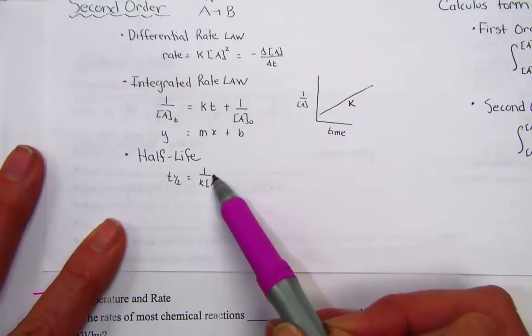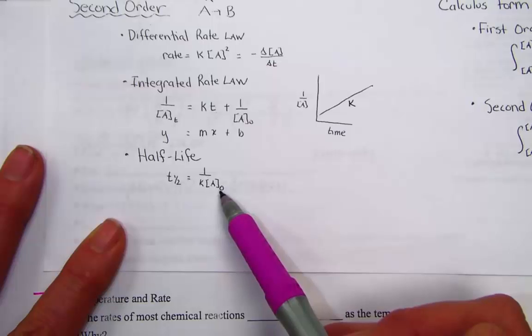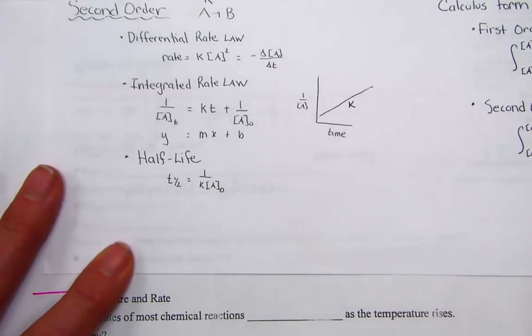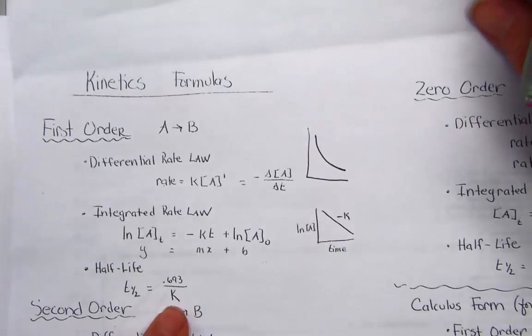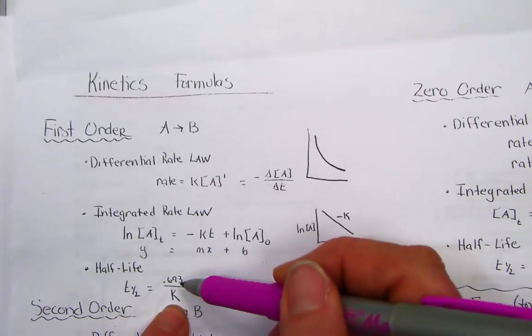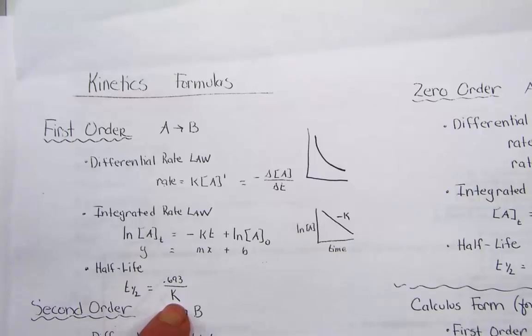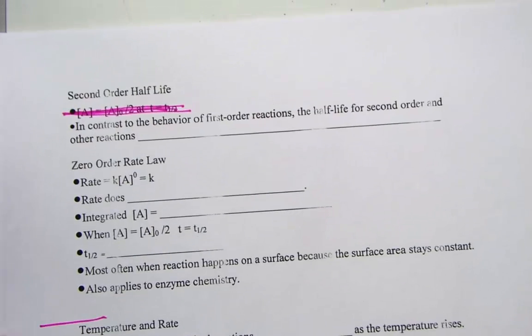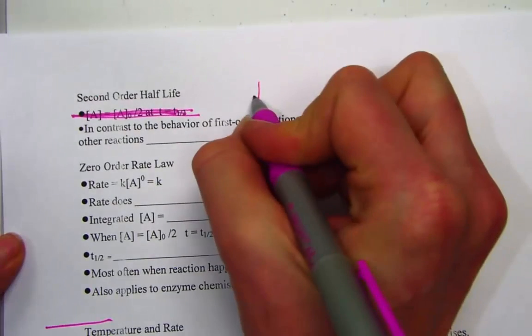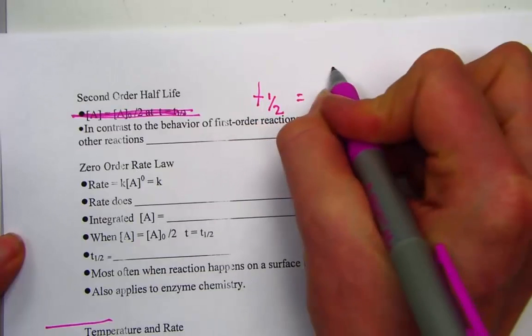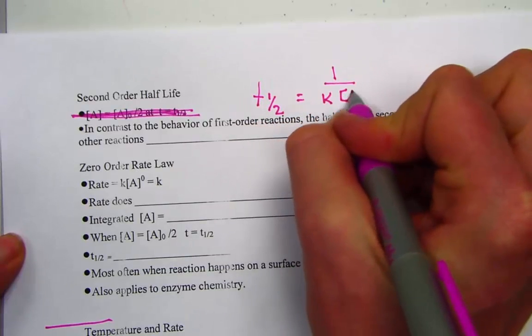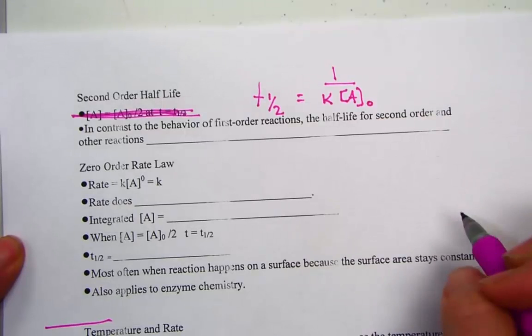Notice here that the original concentration does play a role in second order half-life. It did not play a role up here with first order half-life. It was just simply knowing the K constant could get us there. So a little bit different formula. I like to see that as T half equals 1 over K times the original concentration.